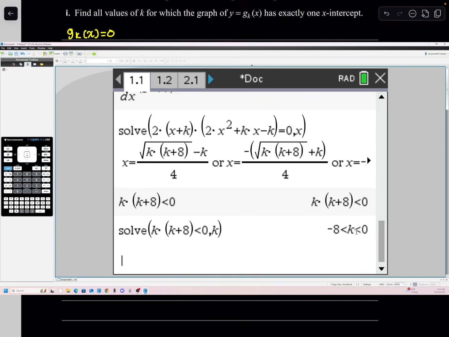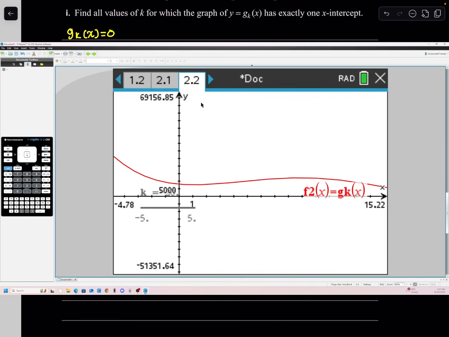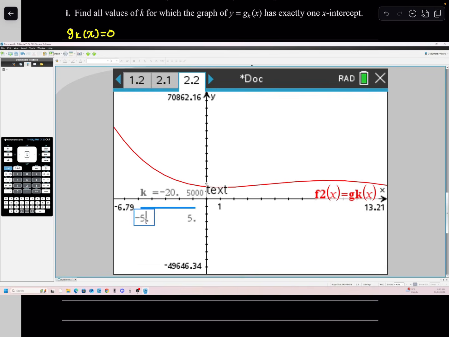Now, be careful again. Double check your answers. Do not just assume. So, how do we double check our answers? Let's go back to our initial slider. So let's write negative 8 to 0.